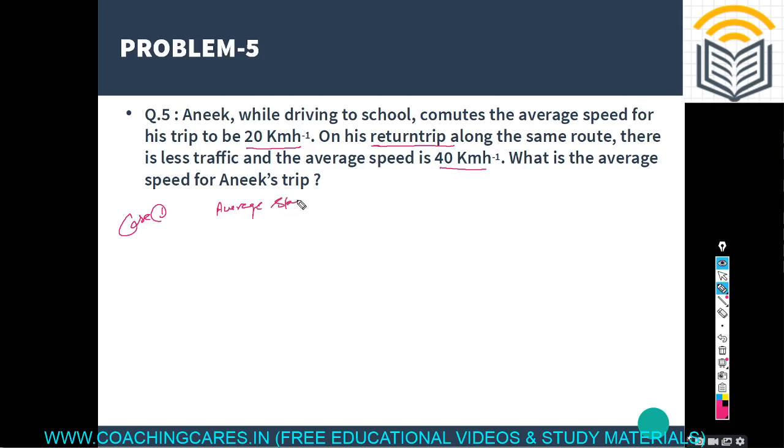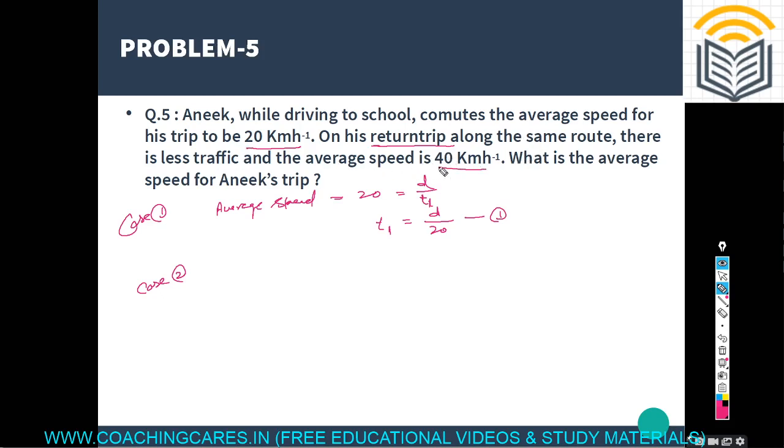Average speed is equal to 20 is equal to, say, d the distance, and let us take t1 as the time taken. So t1 is equal to d by 20, which is equation number 1. Let us take case 2, that is the return trip along the same route.